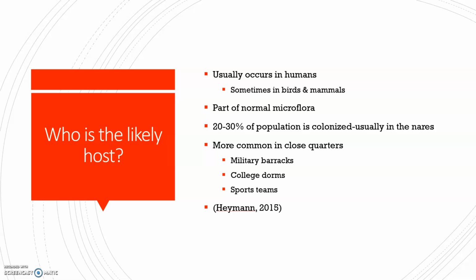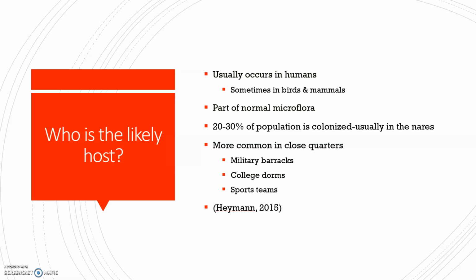20 to 30% of the population is colonized, and that's usually in the anterior nasal passages or the nares. Carrying it in your nose is a key risk factor for infection. At least 2/3 of those infections from S. aureus are due to autoinfection, which is a benign colonization that turns to infection.